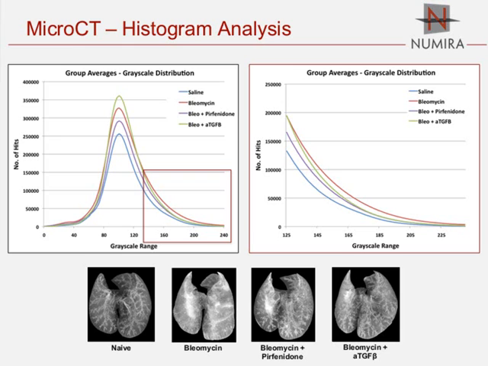These are very good examples of the sorts of data sets that we're able to acquire with micro-CT. As I mentioned at the beginning, it's a very sensitive modality. So at earlier time points in the study, or when you have less severe disease progression, you're able to pick up these changes very early on using this micro-CT technology with the staining and imaging that we do here at Numera. And with that, I will pass it back to you, Stephen.